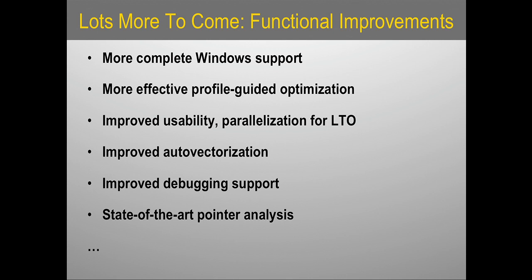Improved usability and much better speed for LTO, including being able to run LTO in parallel, which is difficult. It's not straightforward to do that. Improved auto-vectorization support. It's already gotten really good over the last year, but it can get better. Improved debugging support, and a big one that has been missing for a long time, which is state-of-the-art pointer analysis.